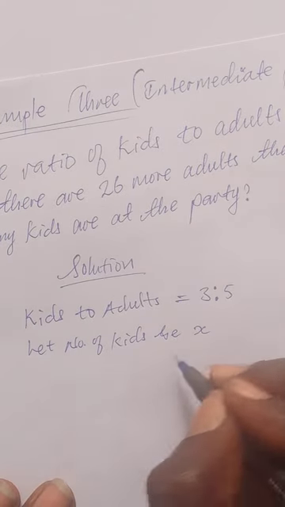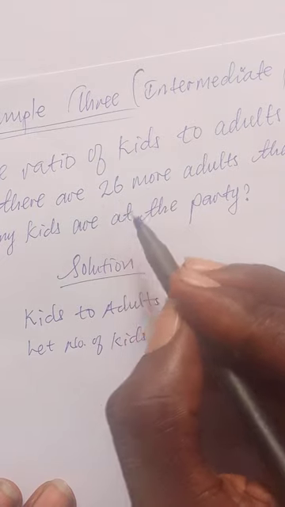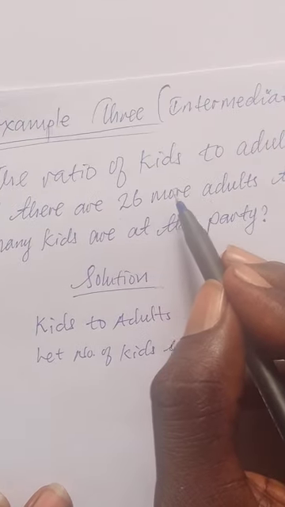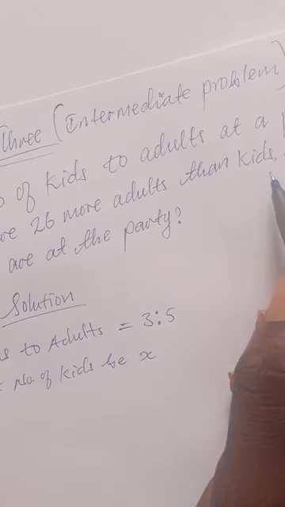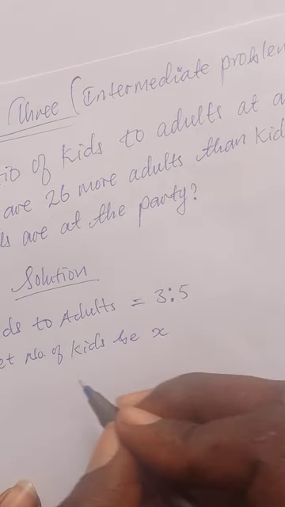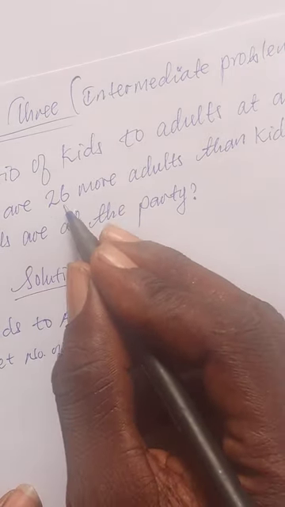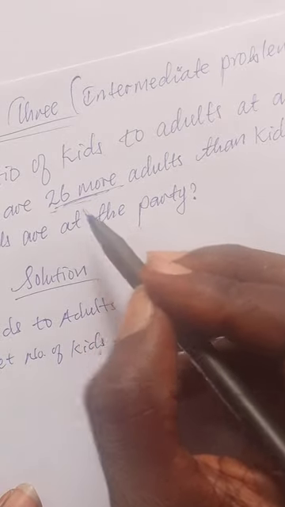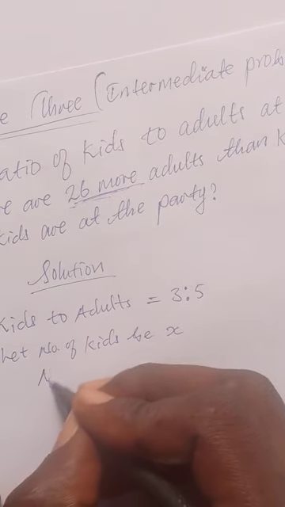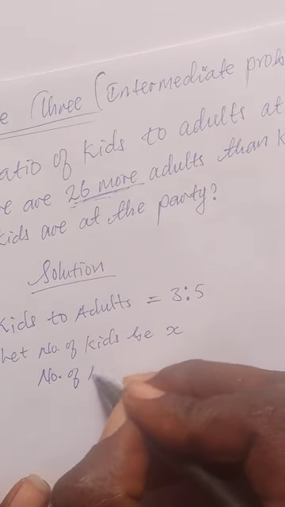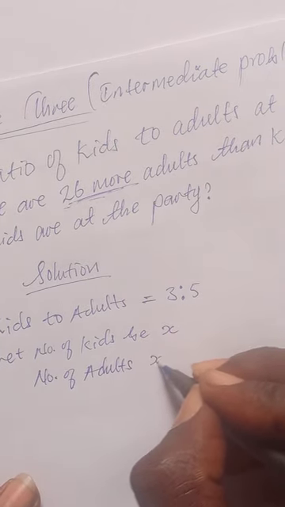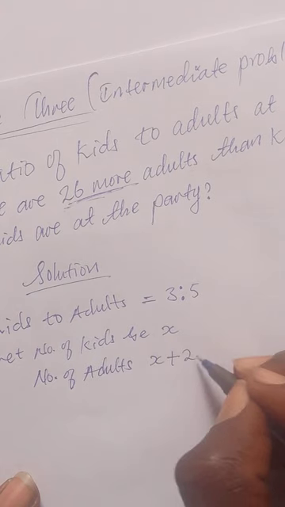But before that, I want you to understand that it is given here if there are 26 more adults than kids, which means if the number of kids is X and there are 26 more adults than kids, then the number of adults at the party will be the number of kids plus 26.